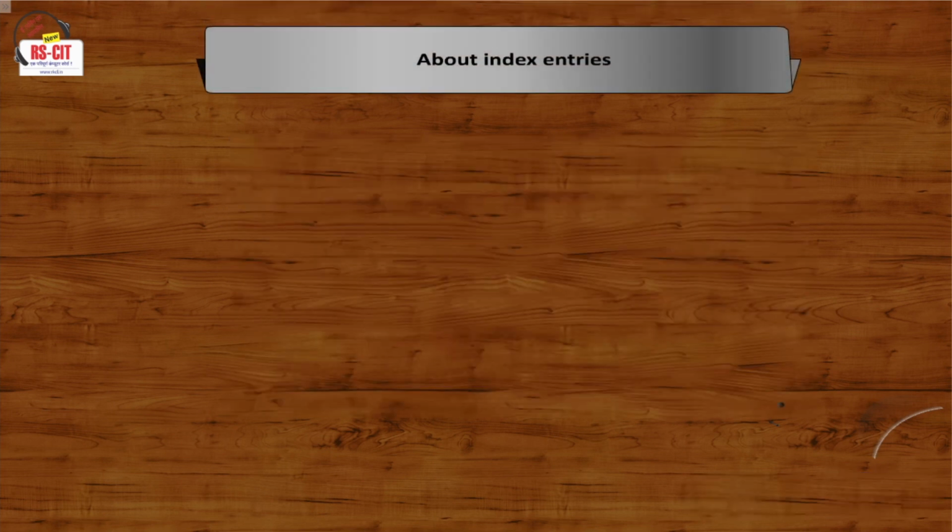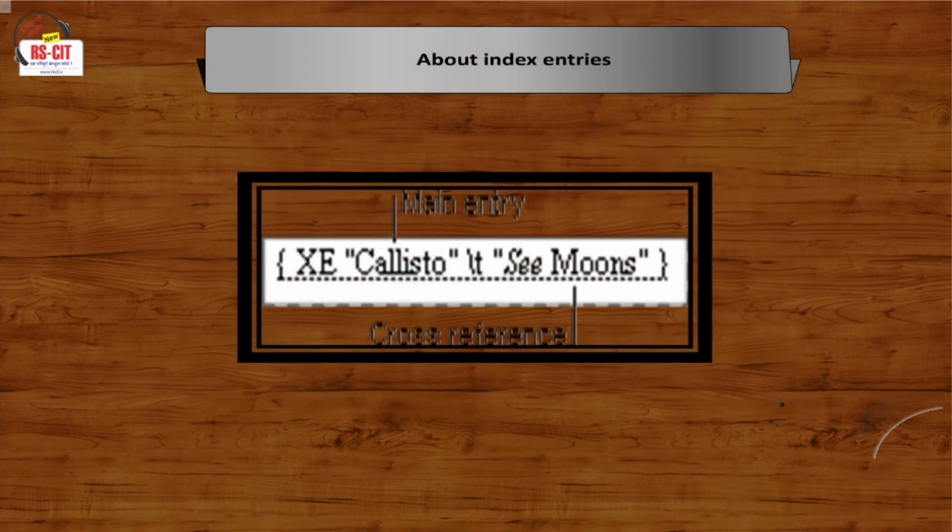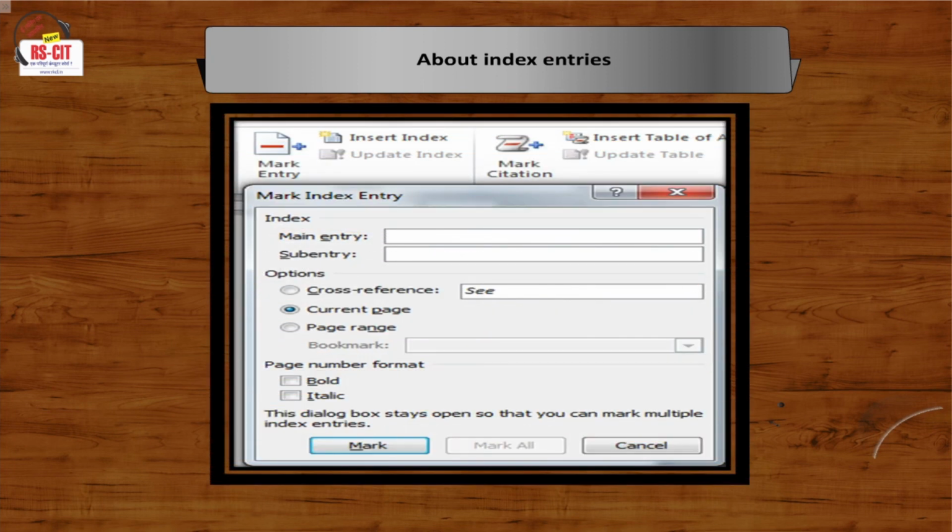About index entries. You can create an index entry for an individual word, phrase or symbol for a topic that spans a range of pages. When you select text and mark it as an index entry, Microsoft Word adds a special XE, that is, index entry field that includes the marked main entry and any cross-reference information that you choose to include.